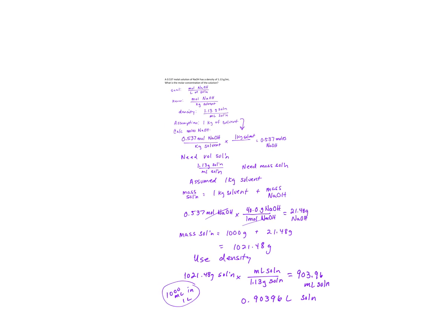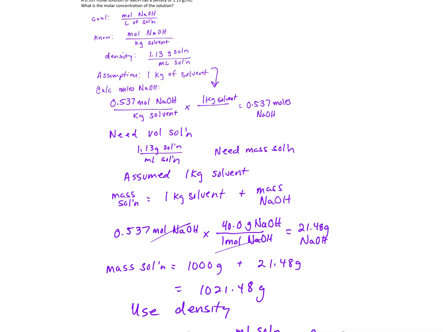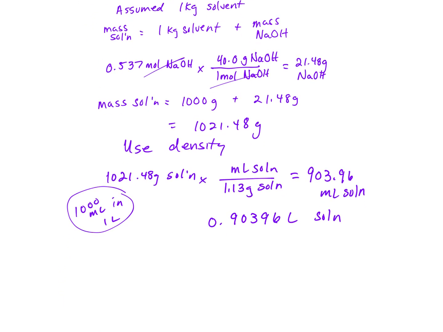So now, wow, we scroll all the way up here. We've got our moles of sodium hydroxide, 0.537. We've got our volume, 0.9039, etc. And so we can finally find the molarity.